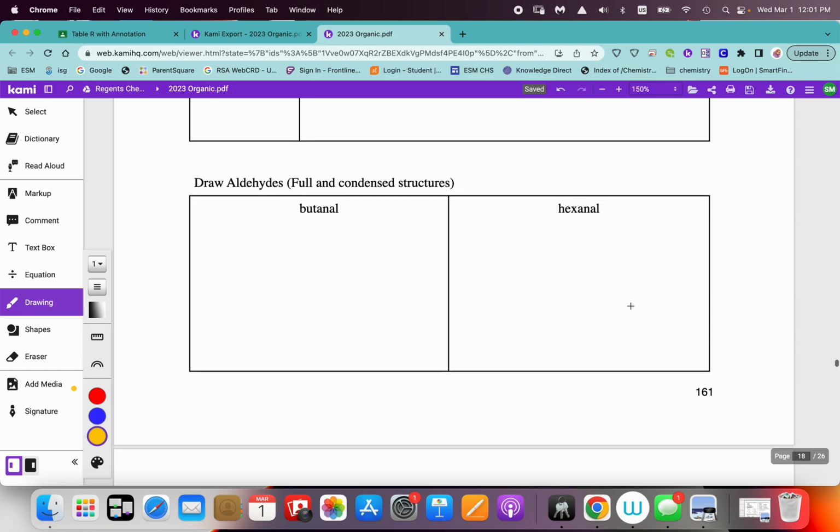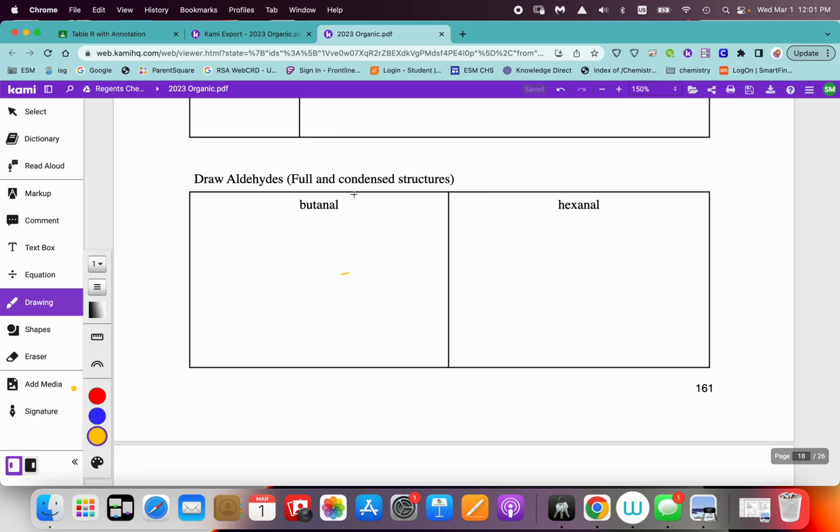So let's just take a look at one example here of drawing out an aldehyde. First thing, when you're given the organic name, find the table P prefix. So I see but. So that's my table P. Table P, but means N equals 4.